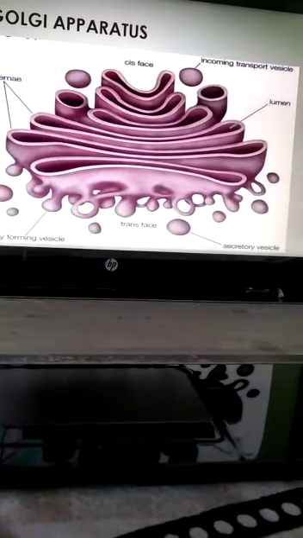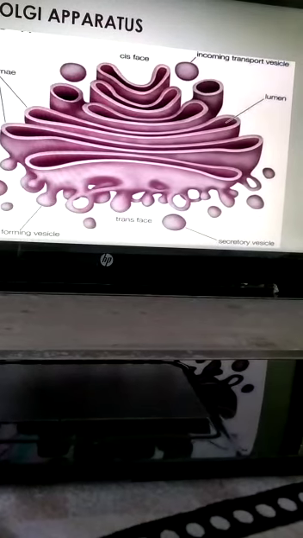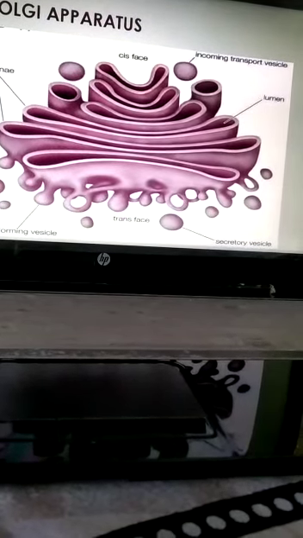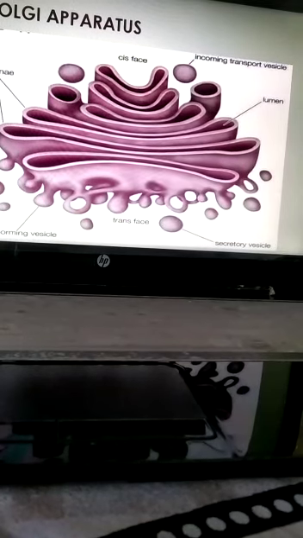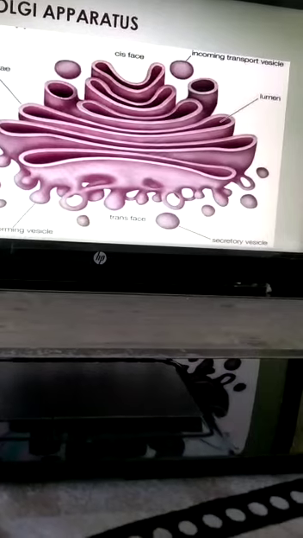The cisternae are stacked together, placed one above another in parallel rows. It is frequently surrounded by vesicles, which are discharged from the cisternae.